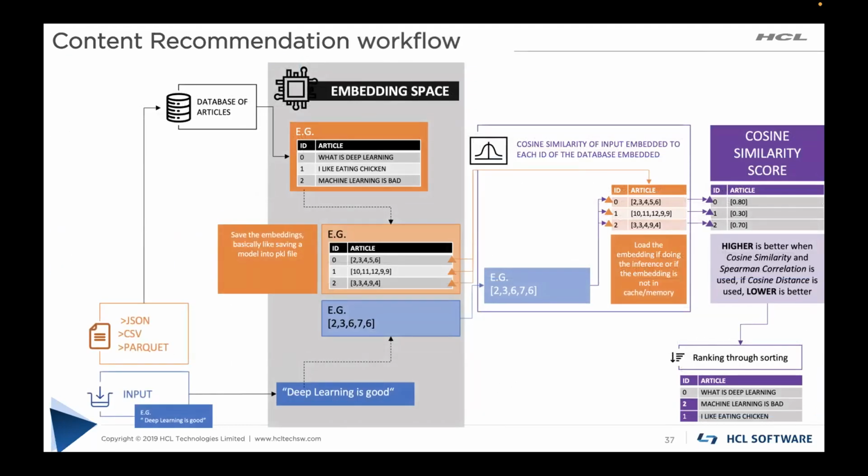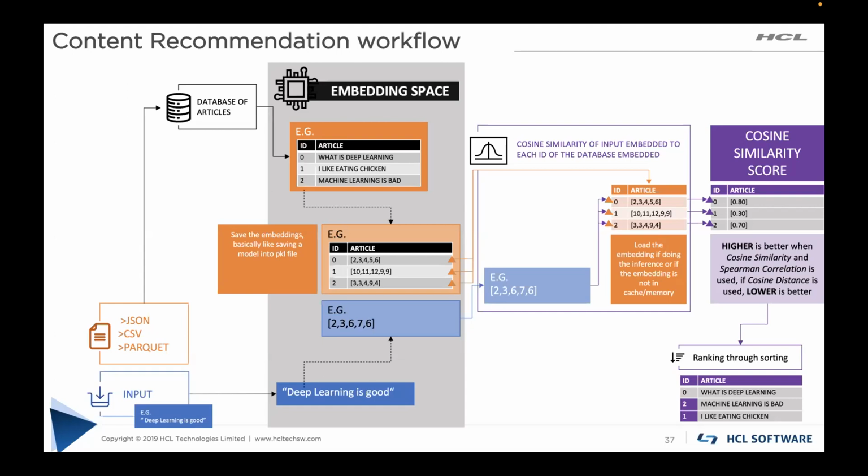Yeah, so this is the general workflow or the technology behind this recommendation. So mainly it has two parts. First part is embedding space. The second part is cosine similarity. So in the embedding space, while training, we will be embedding all the articles here. And then whenever somebody writes any content, that content will be embedded again, and then it will be compared with the embeddings which are already in the database.